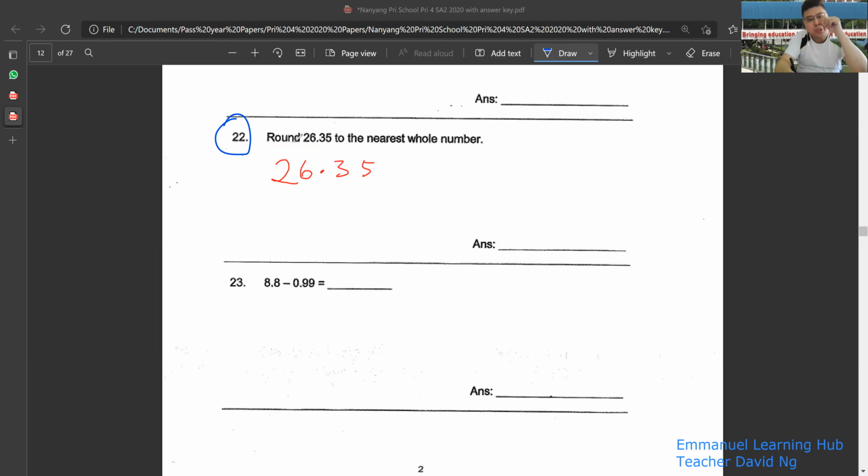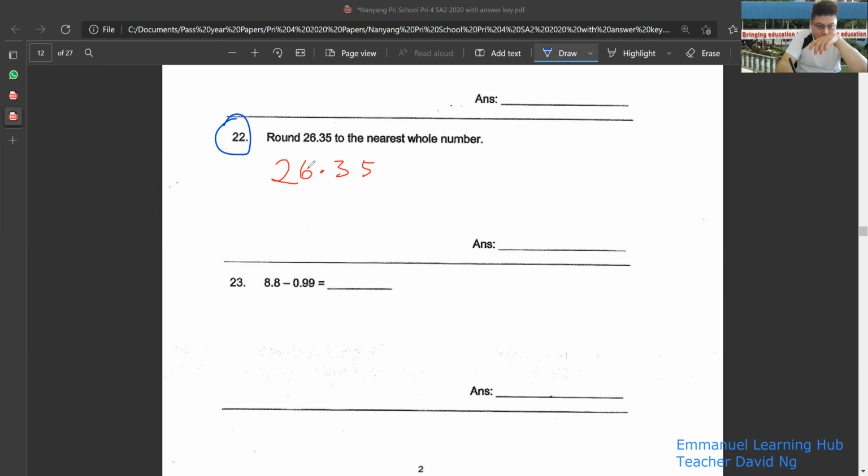Nearest whole number refers to which number? Number 5? Nearest whole number, they refer to 6. This is the whole number. This part is the decimal. That's what the dot is for.